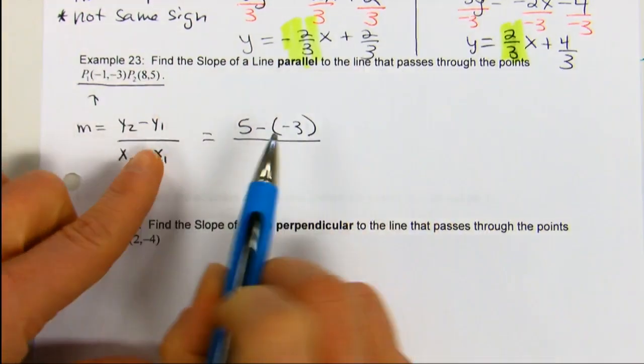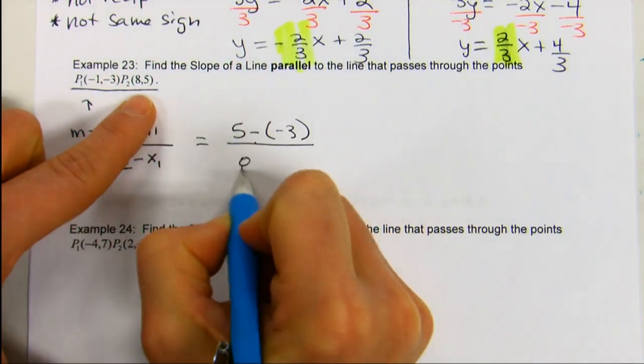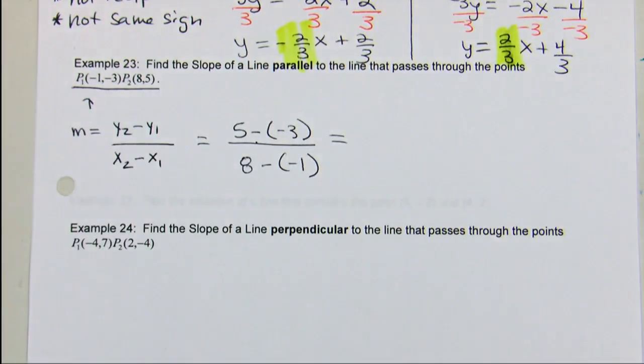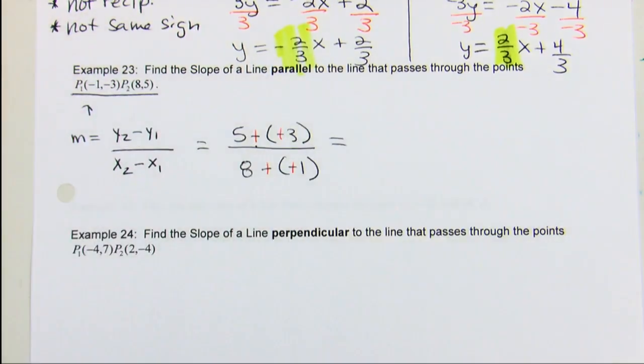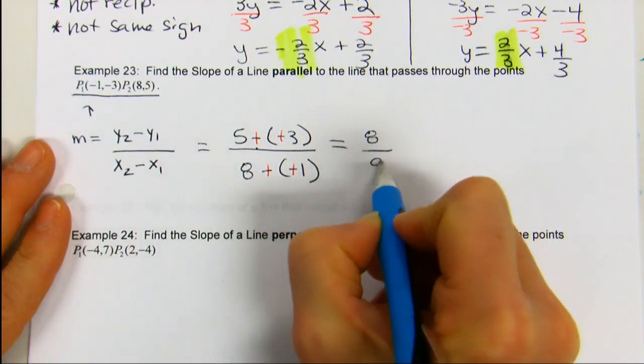In the formula there's a minus, but my y was negative, so be careful of that, and 8 minus a negative 1. Since you have 2 negatives, they both become positive. They cancel out. It's just like saying 5 plus 3 is 8, and 8 plus 1 is 9.